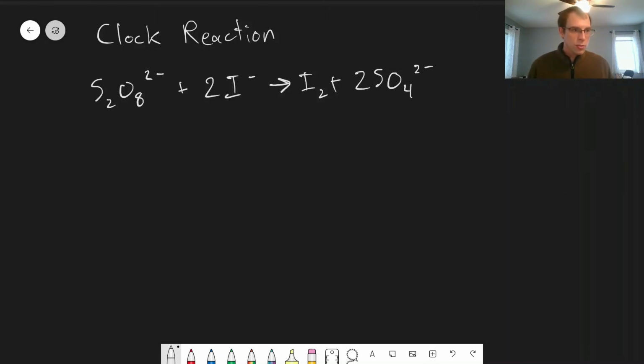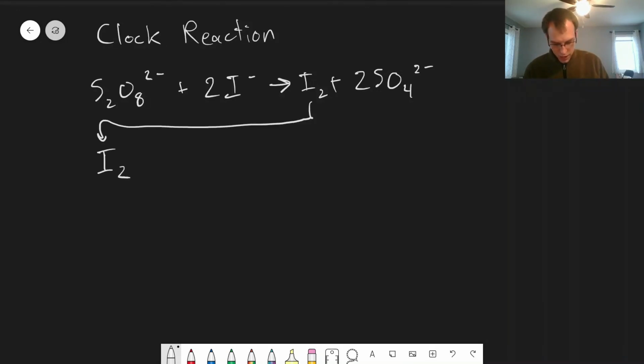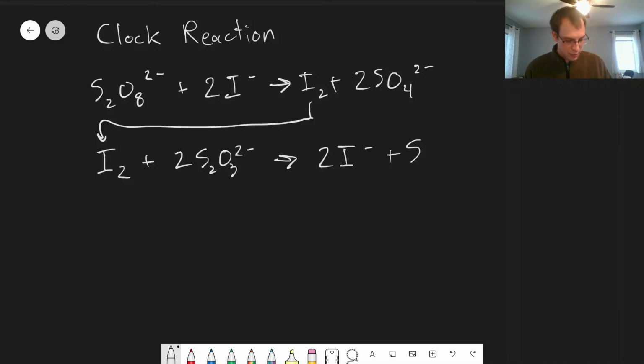So what we do in this reaction is couple it with a second reaction, the reaction of I2, so our product here is a reactant in the second reaction, plus thiosulfate, S2O3 2-, which will react to give us back iodide and form S4O6 2-.